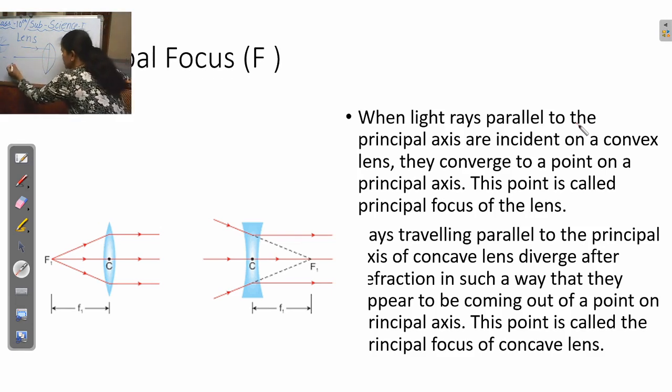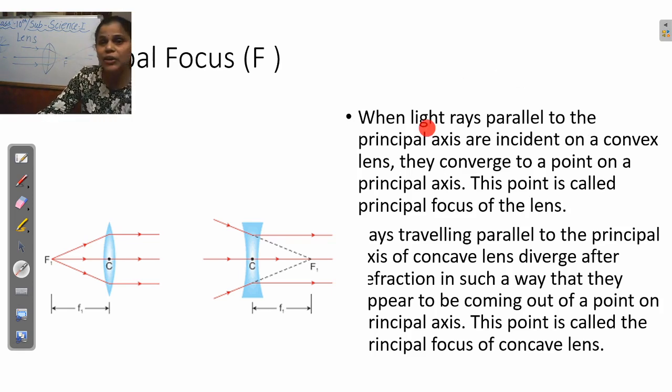For example, if these light rays are parallel to the principal axis, then both light rays intersect at this point, and this is called the principal focus of the convex lens.